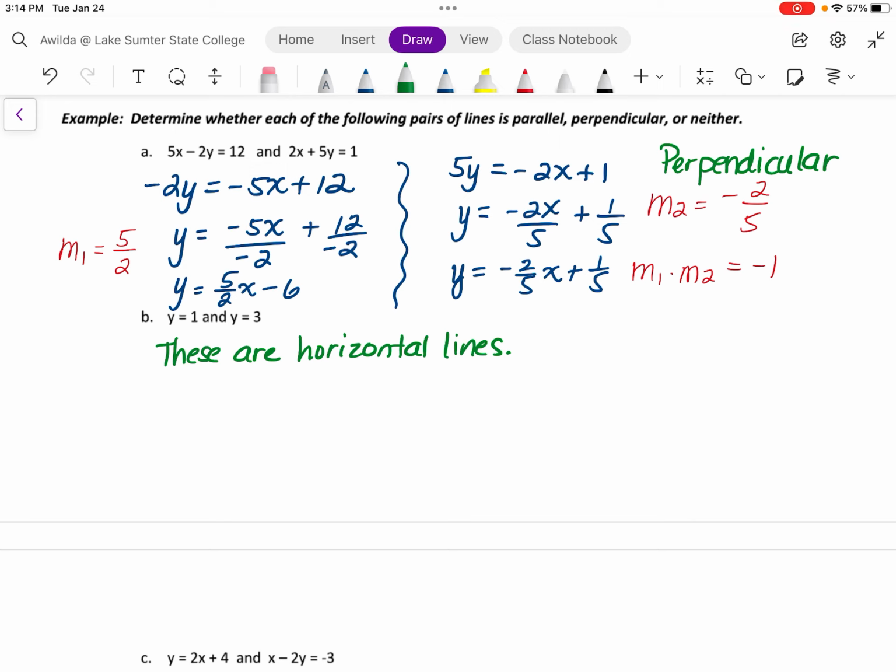They both have zero slope. Because their slopes are equal, and more conceptually because they are both horizontal, and yet they have different y-intercepts, these lines are parallel.